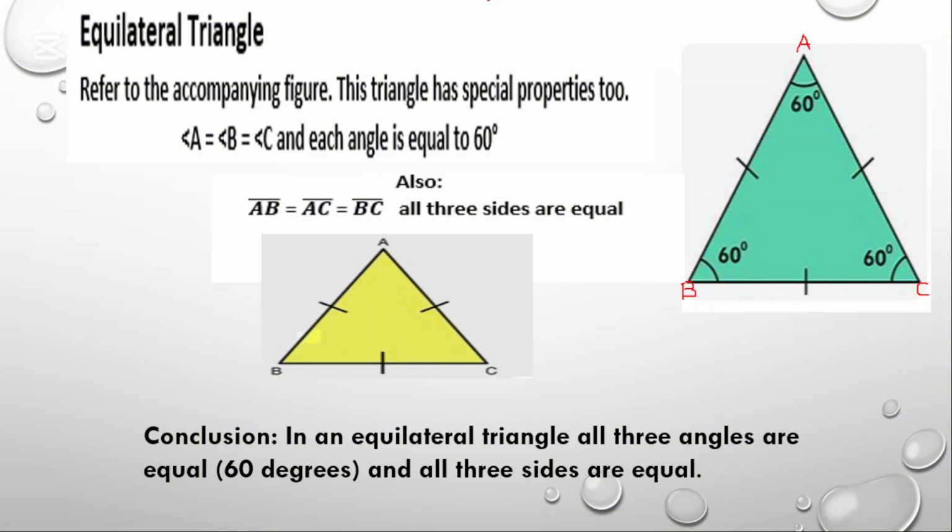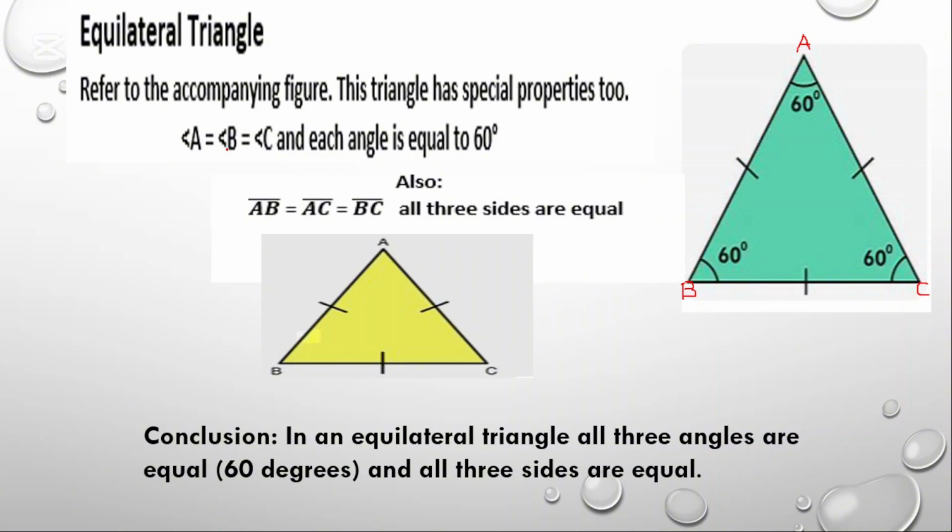You can see here A is equal to B is equal to C, and each angle is equal to 60 degrees because the three angles of a triangle add up to 180. So all three sides are the same length and all three angles have exactly the same size.